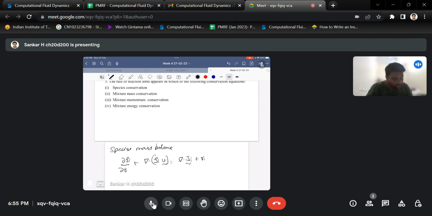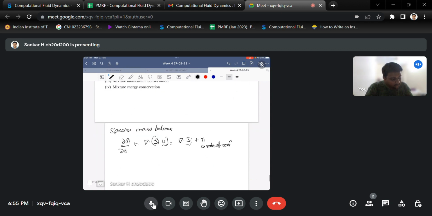The first term would be the unsteady term, the second term would be the advective term, the third term would be the diffusive term, and the fourth term would be the rate of accumulation or generation. So here the rate of reaction needs to be specified.